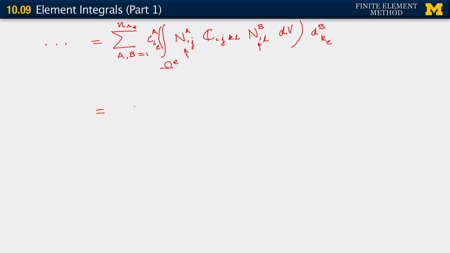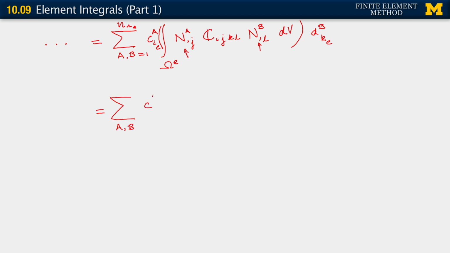It is to carry out a change of variables and rewrite the integral as an integral over the bi-unit domain. So once again, sum over A and B, and I'll forego writing the limits of that sum.